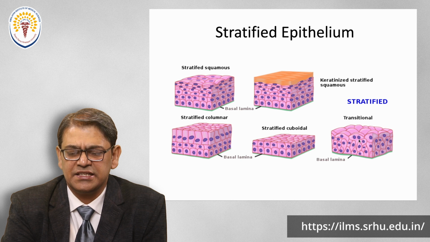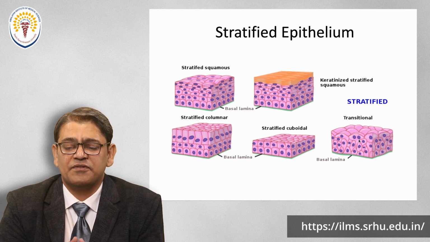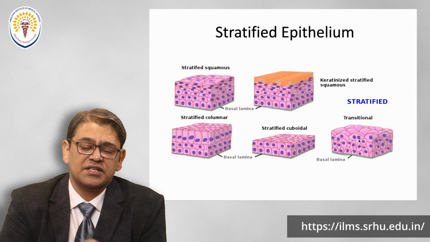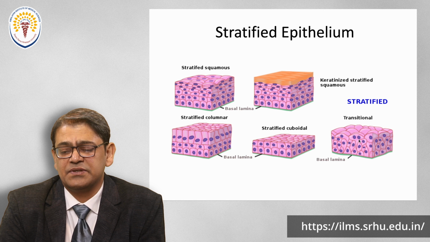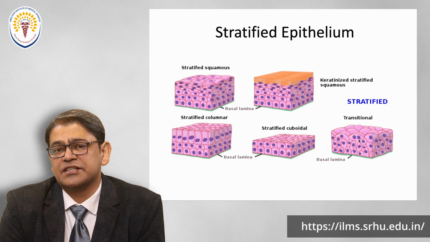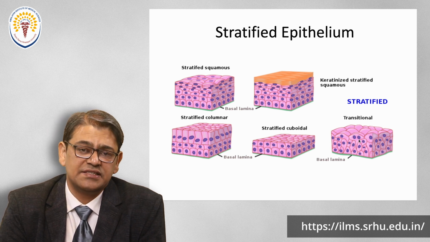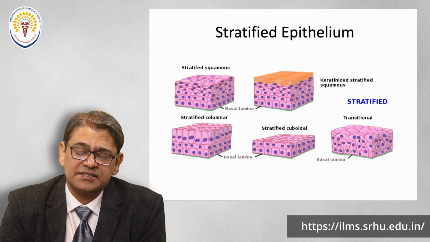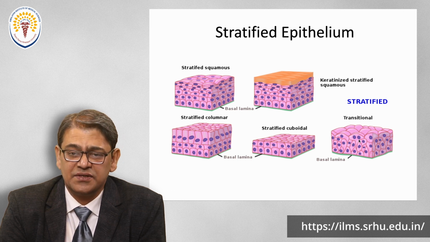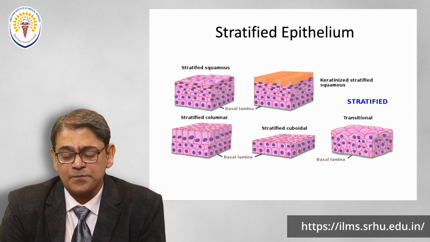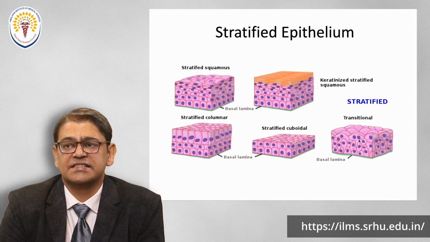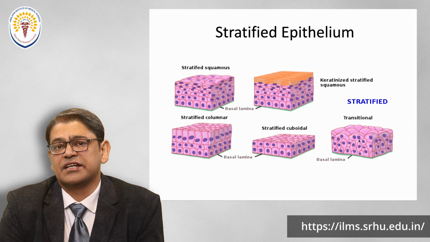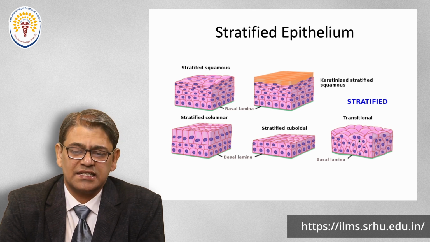They have very strong interlocking, and no water diffuses through this epithelium. That is why it is present in the urinary tract: the collecting structures of the kidney, renal pelvis, ureter and urinary bladder, because tight junctions are present and water cannot pass through these cells.